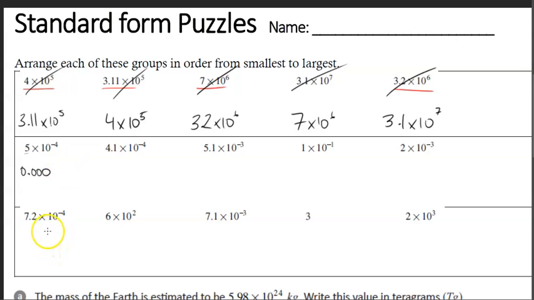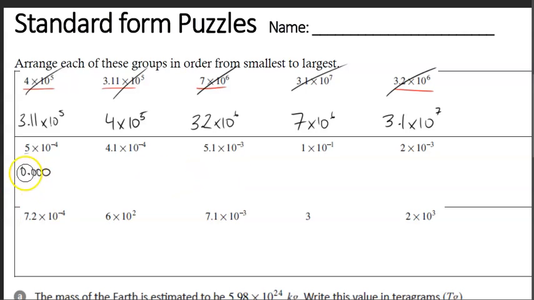Okay, where these ones here will only give me 2 leading zeros after the decimal point. So I know this one is going to be greater than these two here. I don't even know what the starting number is. It doesn't matter. All I know is that power of -4 is going to be considered the smallest.